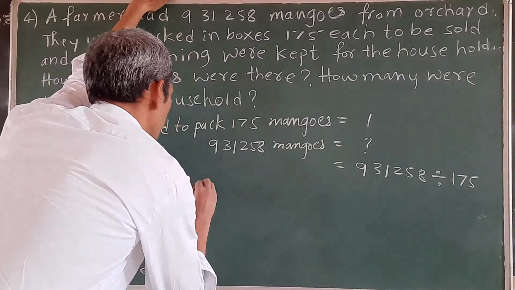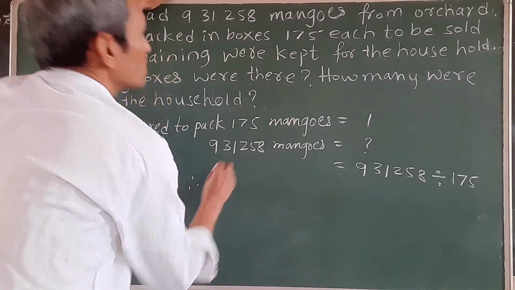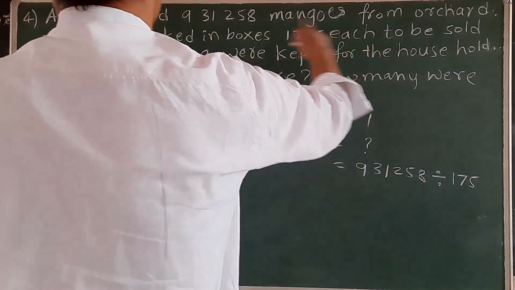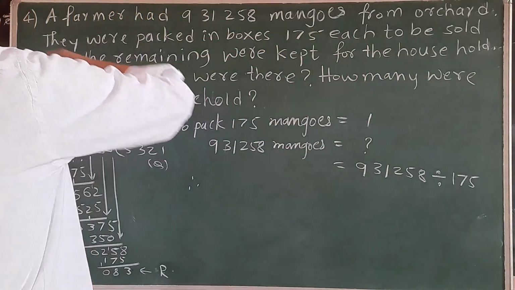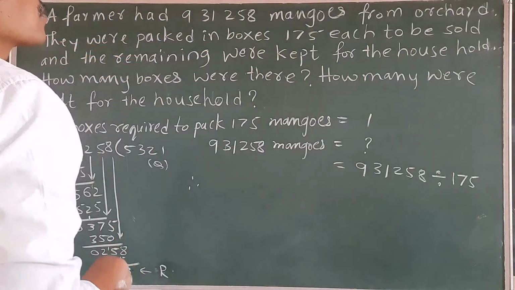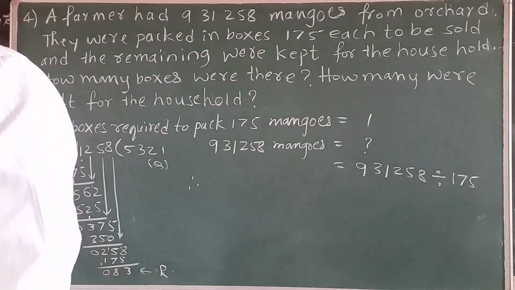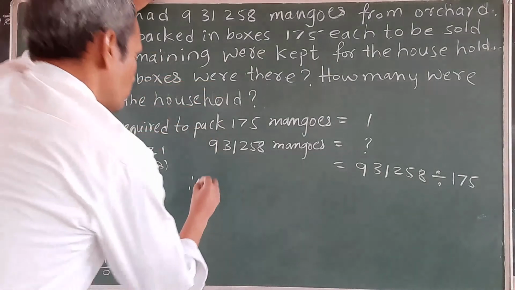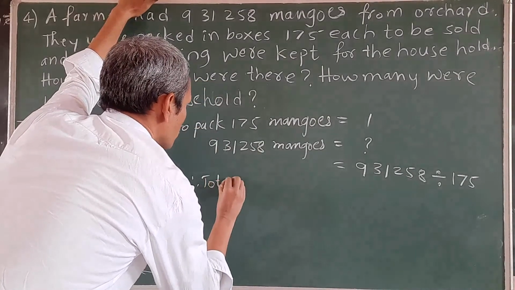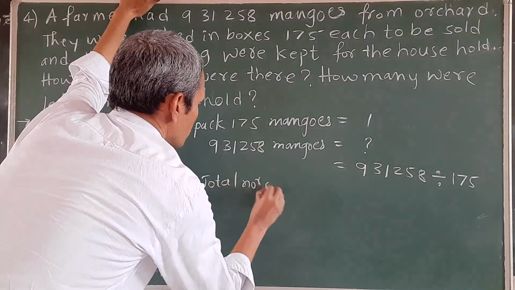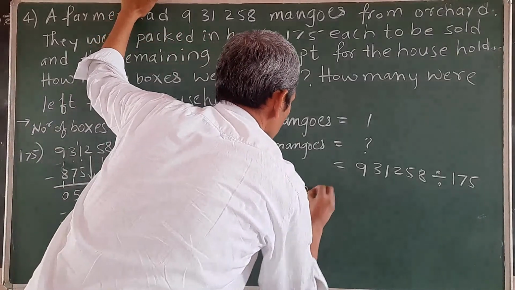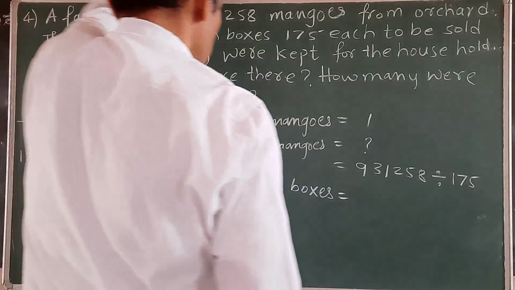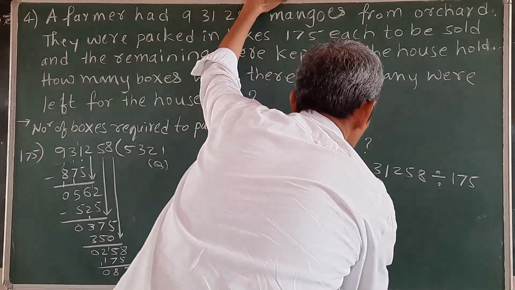Now we will write, therefore, the part for the household. How many boxes were there? So total number of boxes: number of boxes is equal to total number of boxes. How many? 5, 3, 2, 1.